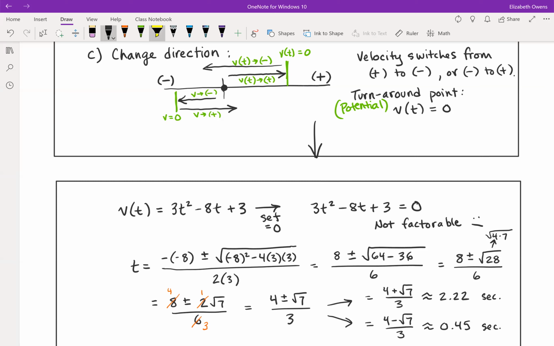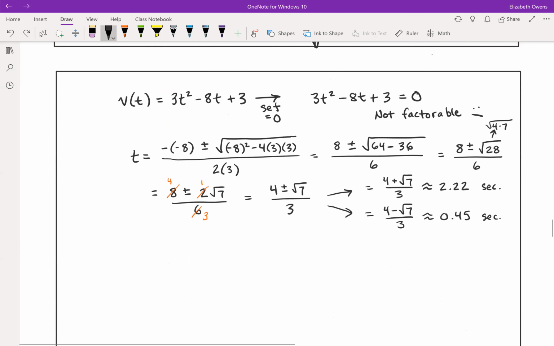And so we need to find out if at those 2 points, the velocity truly does switch from positive to negative or negative to positive, or if it stays the same sign. Because if it's the same sign, then there was no switch in direction. Okay. So what we're going to do here is we're going to test it out.